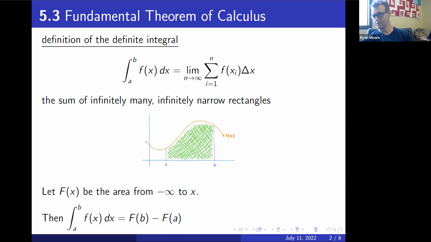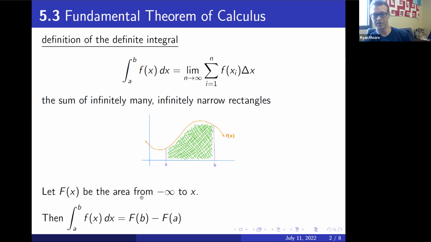We could then rewrite what our definite integral is equal to much, much simpler. We could say the definite integral from a to b of f of x dx is equal to capital F of b minus capital F of a. How can we do that? Just think about how capital F is defined.